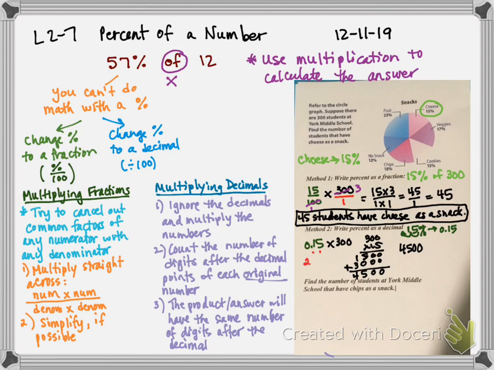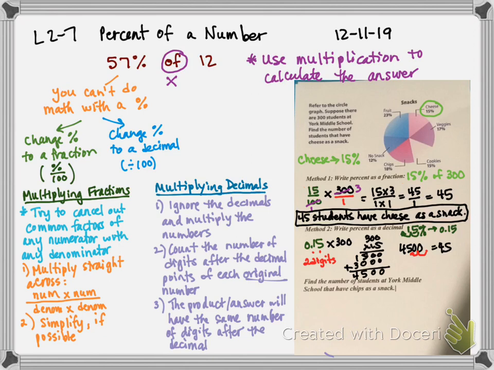What I got was 2 digits. So I'm going to go to my product and place the decimal point so that there are 2 digits after the decimal point. So this answer is 45, which is what we expected. Again, 45 students have cheese as their snack.